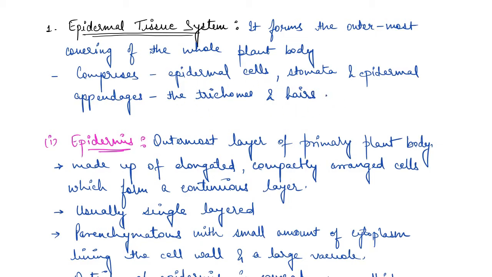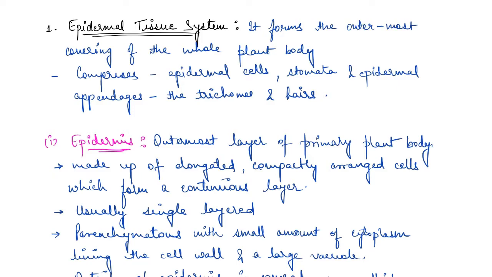So if you see a plant body, you see the outer covering of epidermal cells, you see stomata on the leaves, you see the epidermal appendages like trichomes and plant hair, right? So all these are part of the epidermal tissue system.